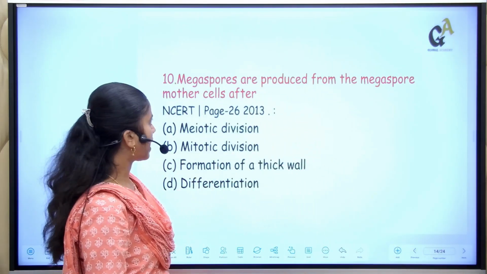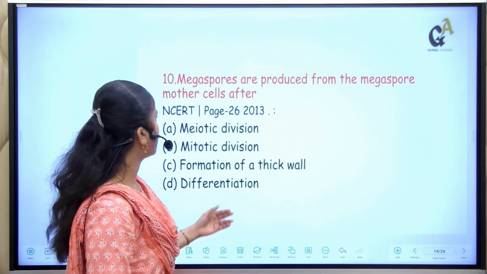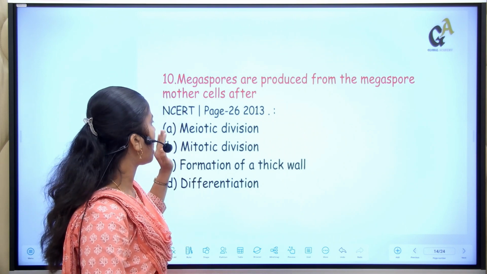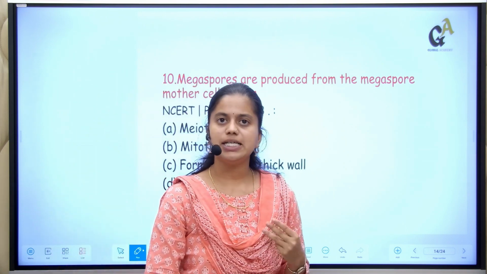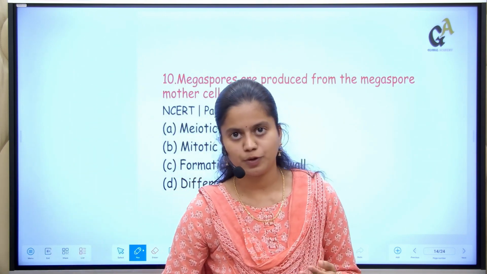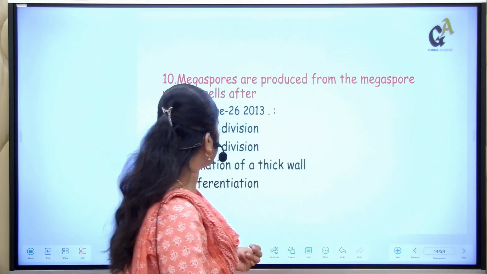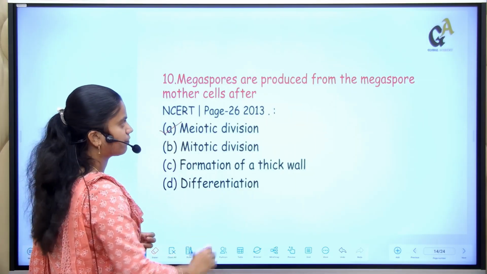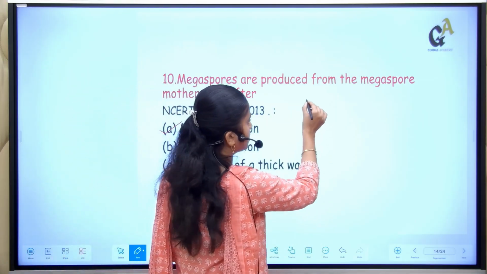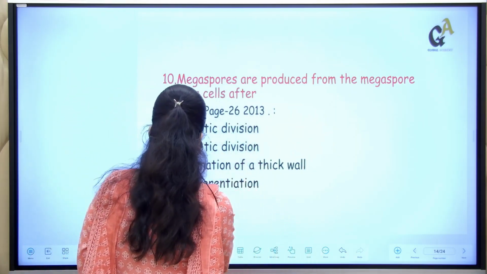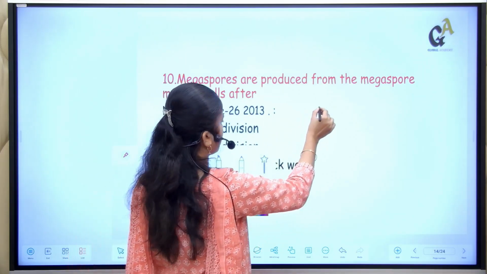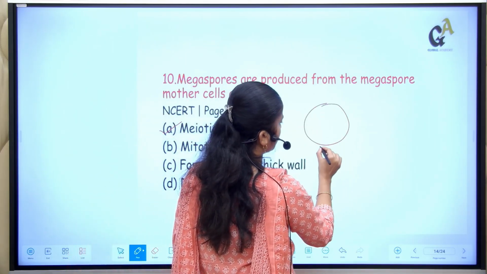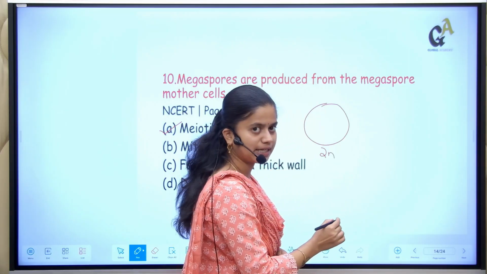Next, megaspores are produced from the megaspore mother cell after. When are the megaspores produced from the megaspore mother cell? That is during the time of the meiotic division. This is our megaspore mother cell, which is 2n in condition.